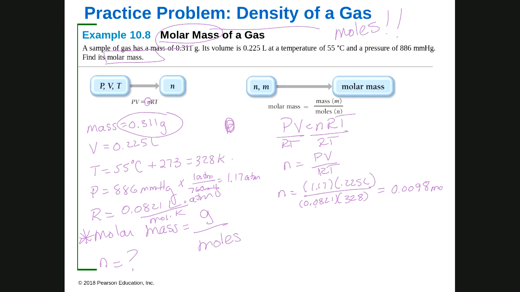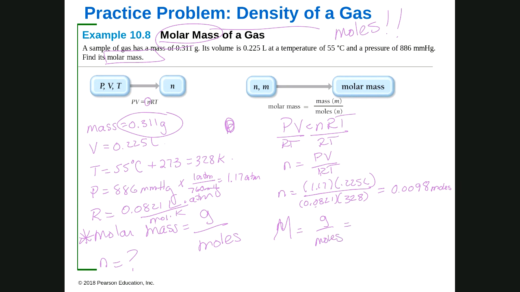You're going to see little numbers for these, so don't get too excited when you see something like that, because moles of gas are small. So n equals 0.0098.